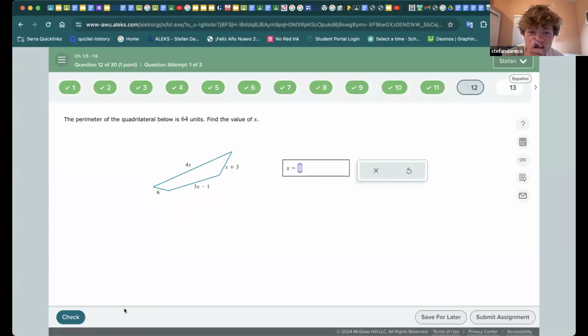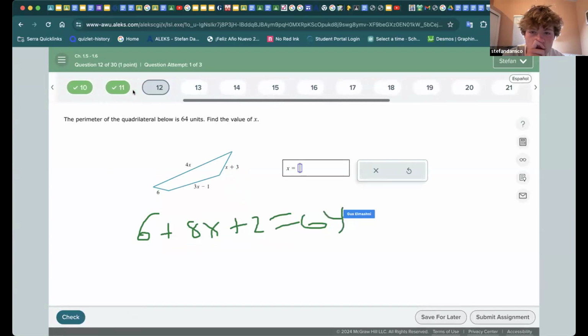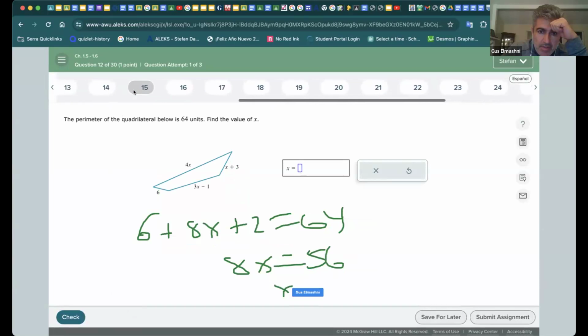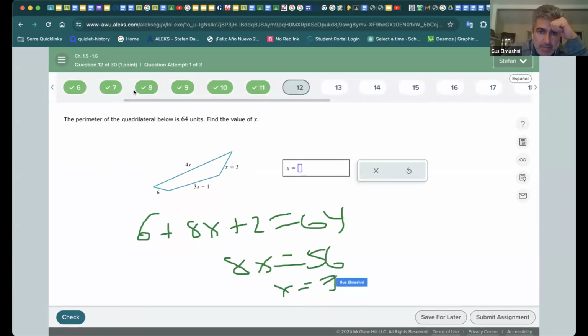So all of it has to add to 64. So 8x equals 56. So x is going to be 7.